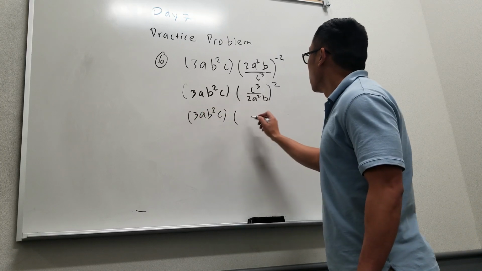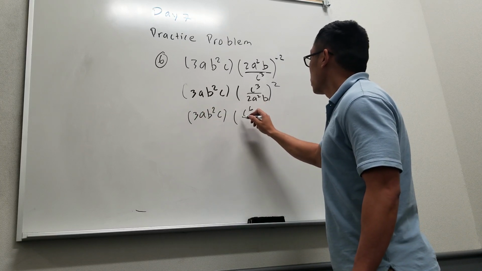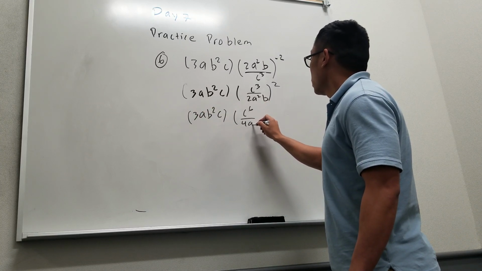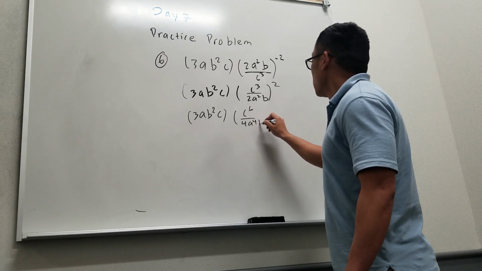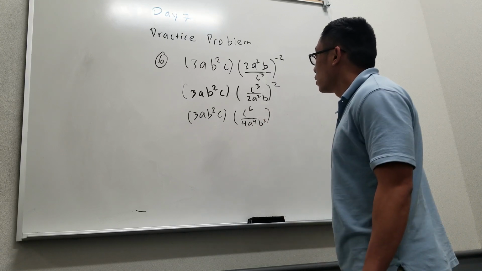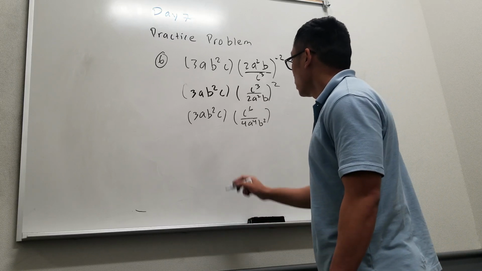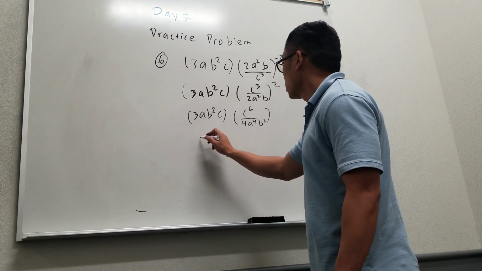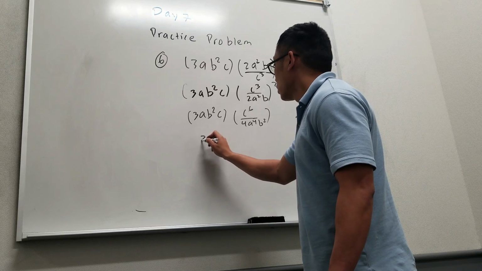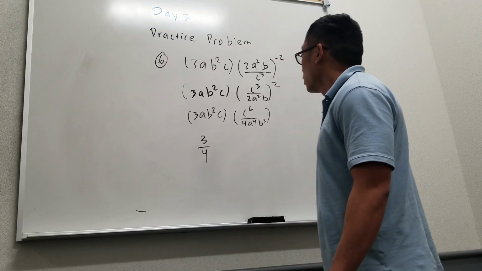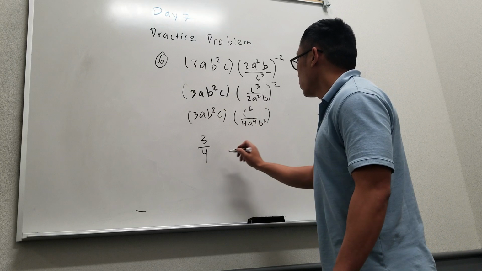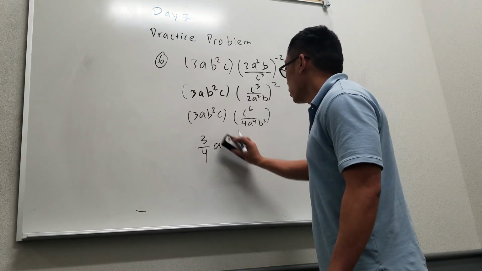Distribute first. So this is c to the 6. This is 4a to the 4 b squared, right? Now I just gotta combine everything together. This would be just the numbers alone, it's 3 over 4. And the a and a to the 4 is just a cubed. But make sure it's on the bottom.